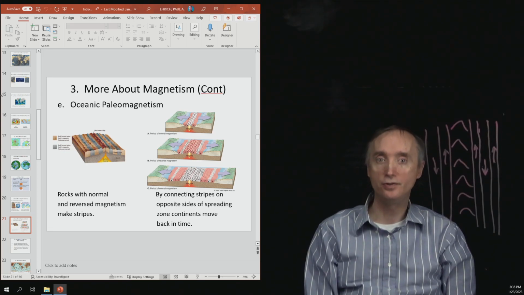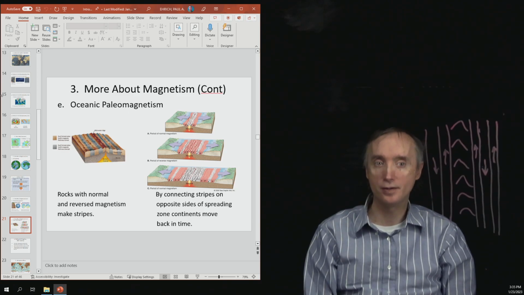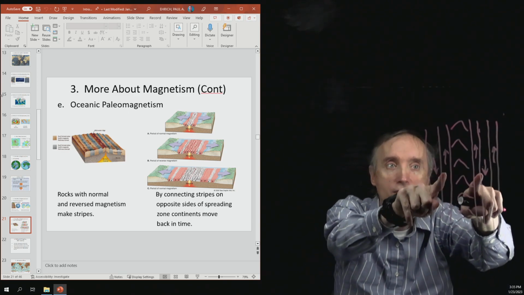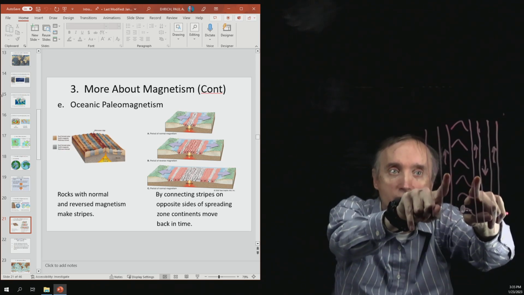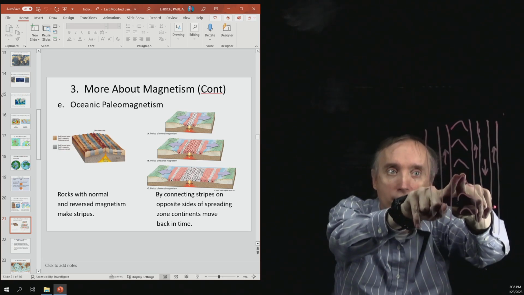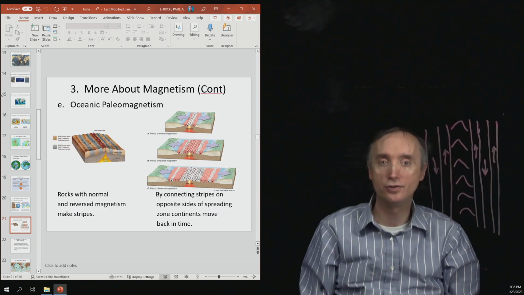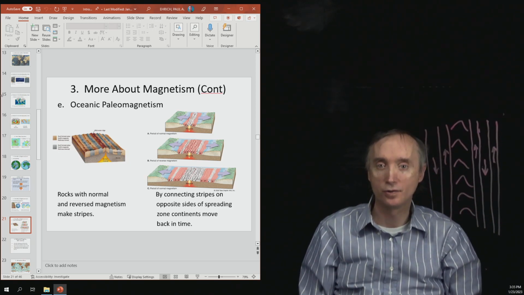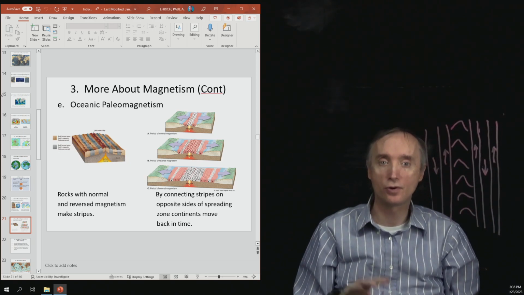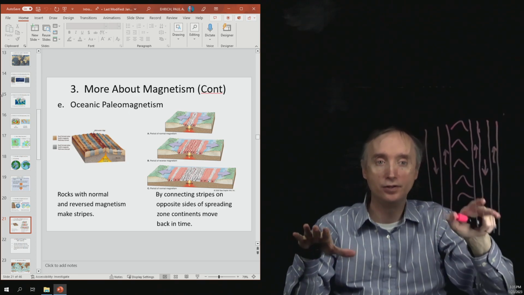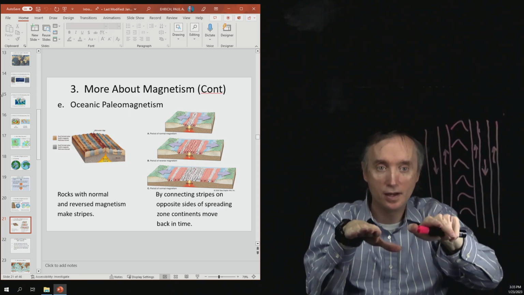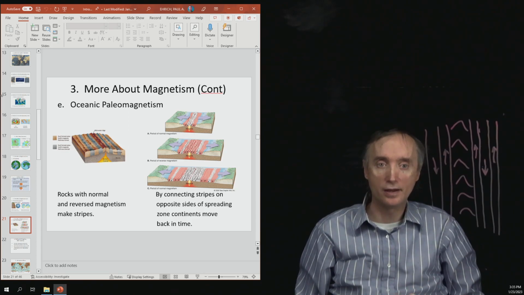Now, all you got to do is match the stripes up. So if we take these two stripes and we put them back together again, what does that do to the continents? It makes North America and Europe get closer together when you do that.